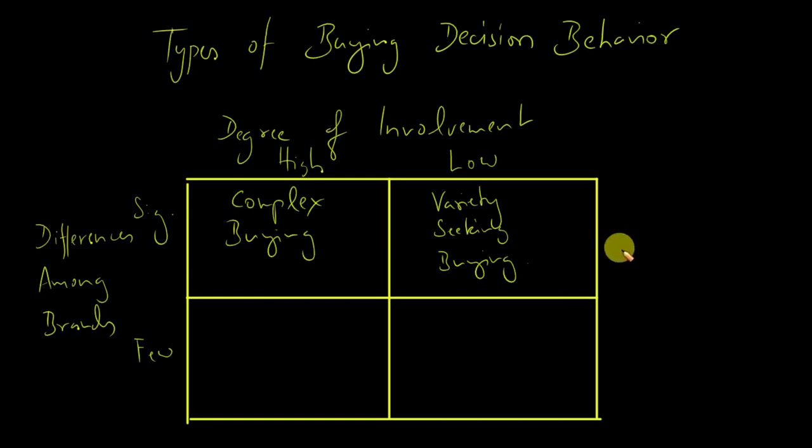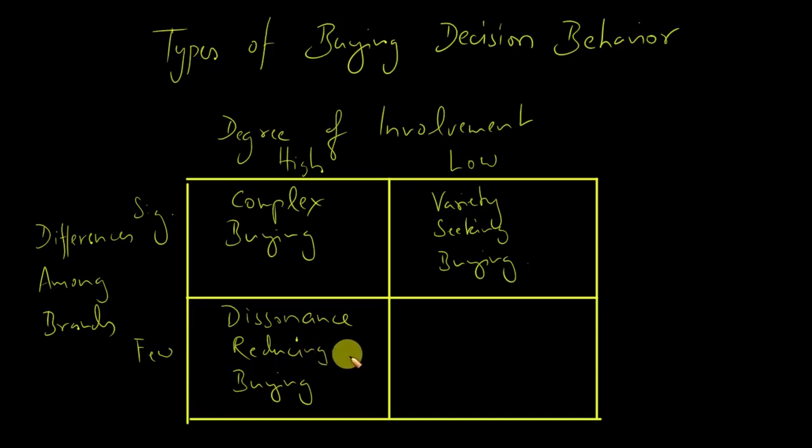The third type of buying behavior is dissonance reducing buying. So, in this kind of buying, the consumer is highly involved and the customer perceives very few differences amongst the brands available in the market.